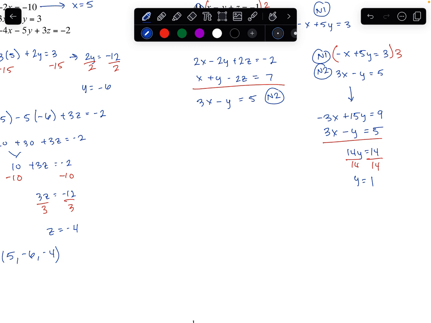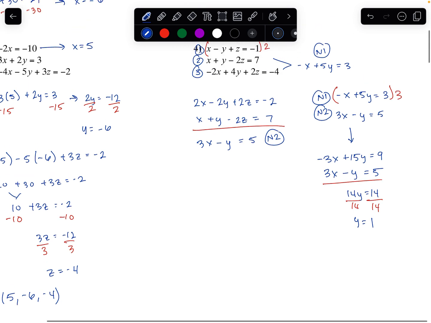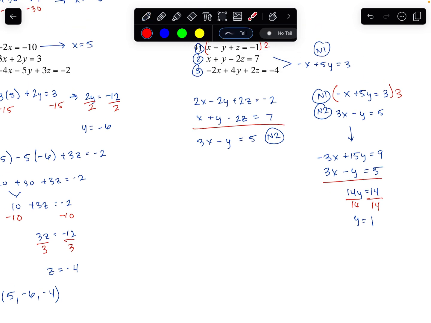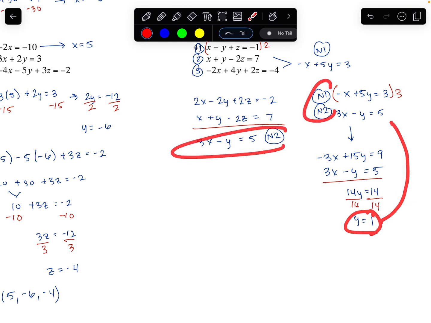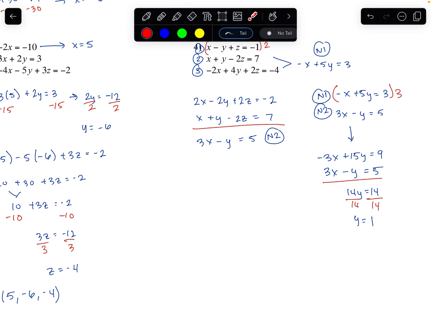Okay, so y is equal to 1. And now I can start finding the value of my other variables. I'm going to go back up to one of these new equations, and I'm going to plug 1 in for y. I think I'm going to do that here.